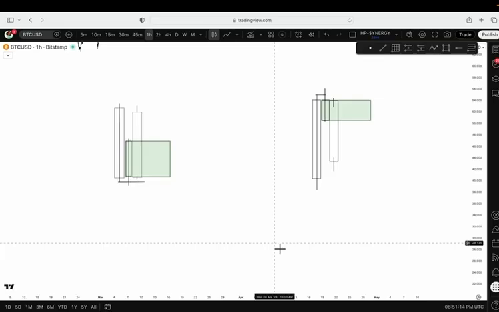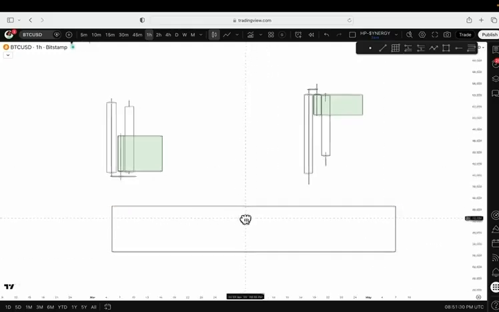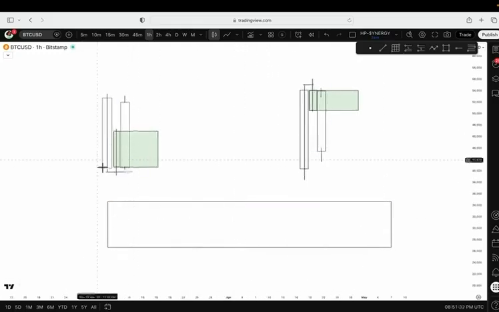Then secondly, another notable thing is this: it has to occur inside your stop loss. If you have this here as your POI, your point of interest, and you want to buy, this has to occur inside here.